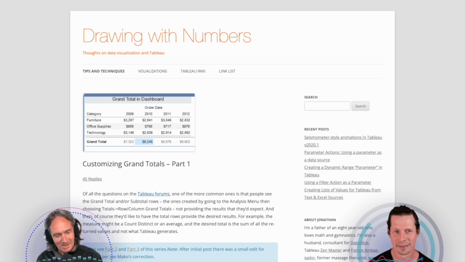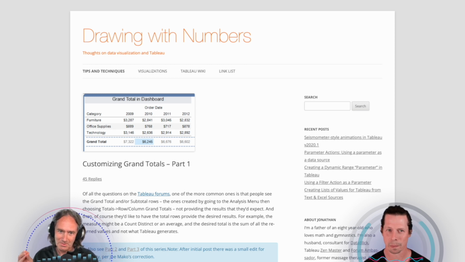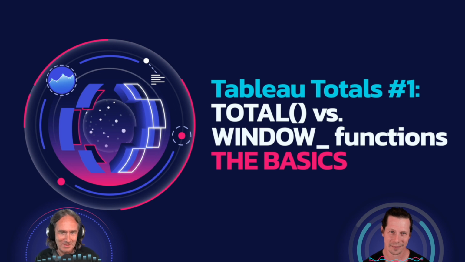I had some other questions recently around it and thought this would be a great time to revisit that content, update it for how Tableau works now, dive into some more details about it, cover some use cases that I didn't cover earlier, and make a bunch of videos on it that'll be useful to people. So I'm really excited to do our first one today.